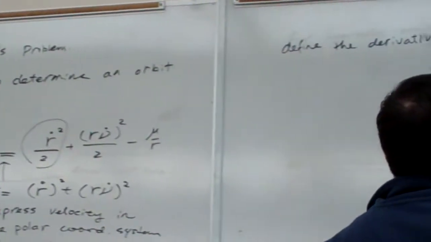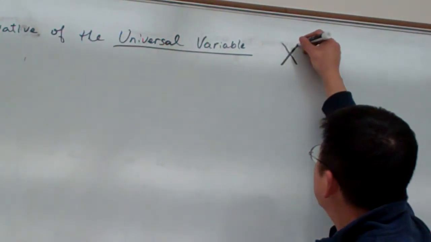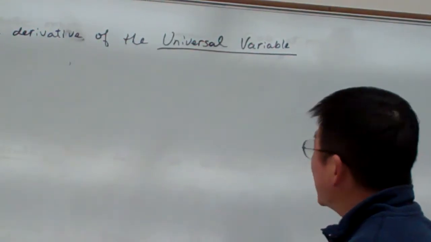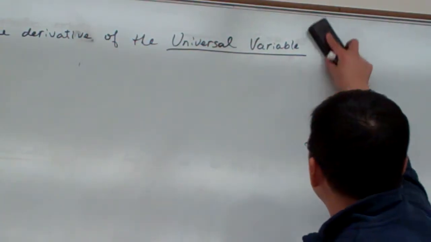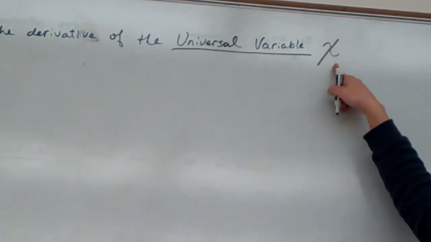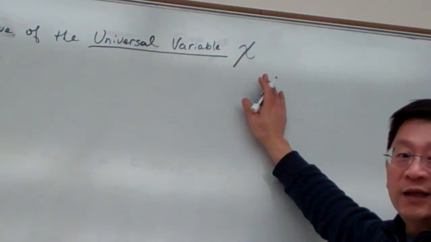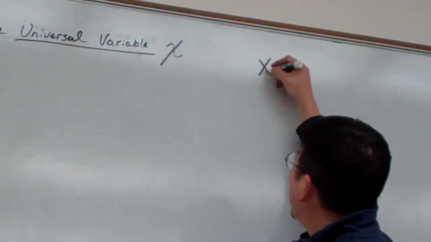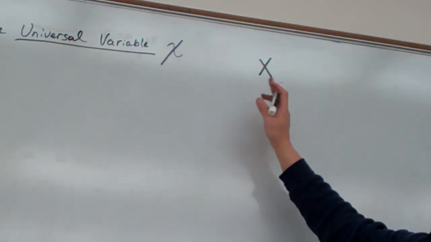This variable in our textbook is simply called capital X. In my writing here, allow me to use this one, which is the capital Ksi in Greek. So in my notes I use capital Ksi, but in our textbook, if you have a textbook with you, you can see that it uses capital X. Hopefully you know what I'm saying.